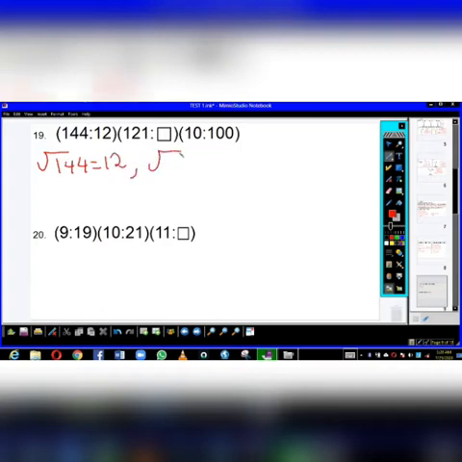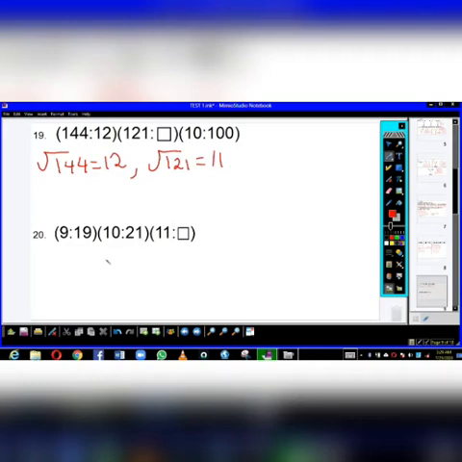The square root of 121, and that will give you 11. And also the third one, we need to apply the same thing.